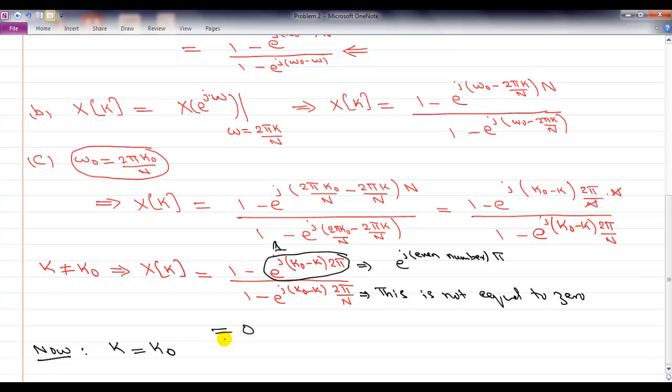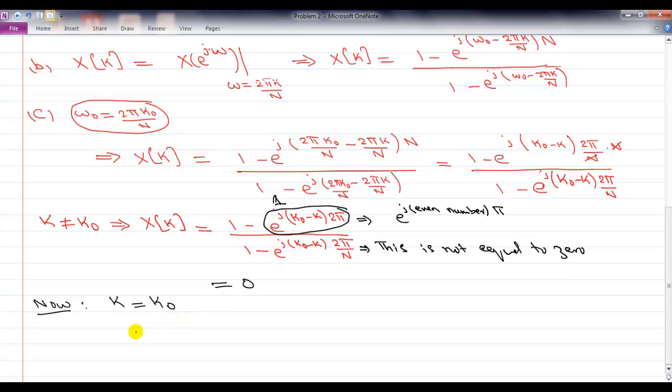If you do that and you try to plug it in directly, what do you get? K naught equal to k, so this is 0. Then denominator is 0 and the numerator is 0. So you can't explicitly do that calculation.